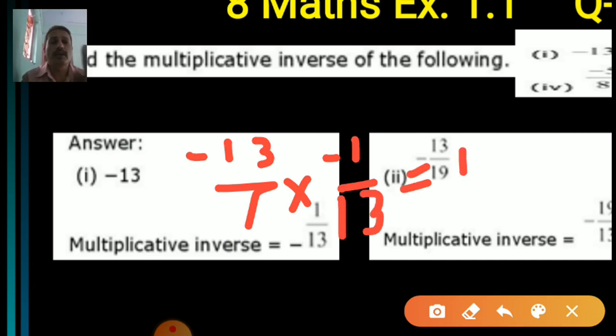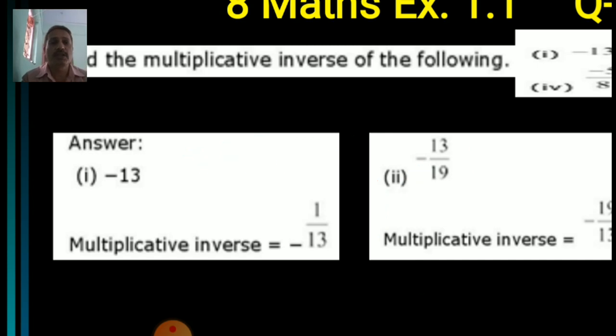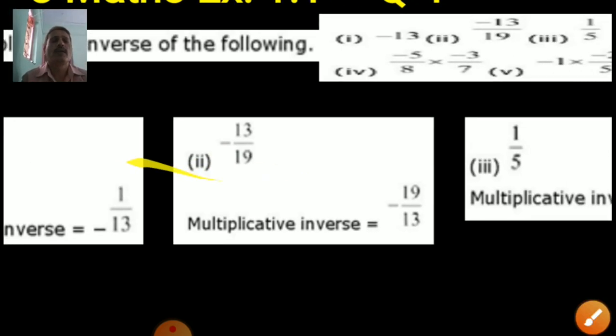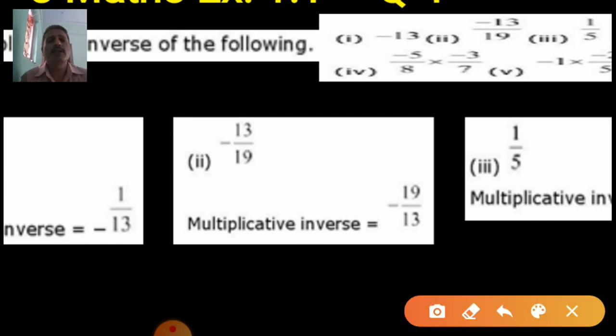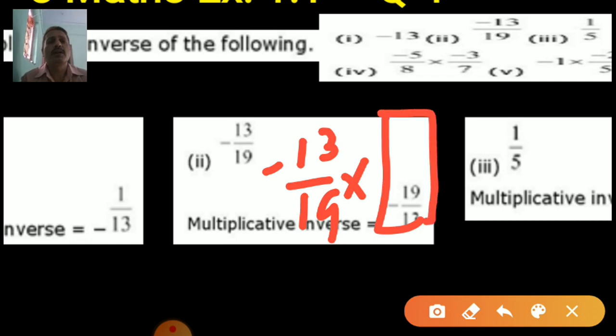See, student, you are making a silly mistake, so be careful regarding this one. Okay. So minus 13 upon 19. Yes, this is very easy to understand. Which number do I want to multiply? Minus 13 upon 19 multiplied by a number which gives me 1.